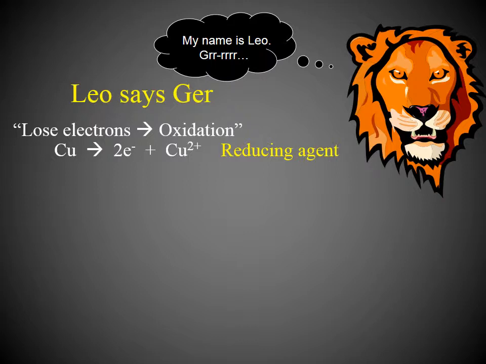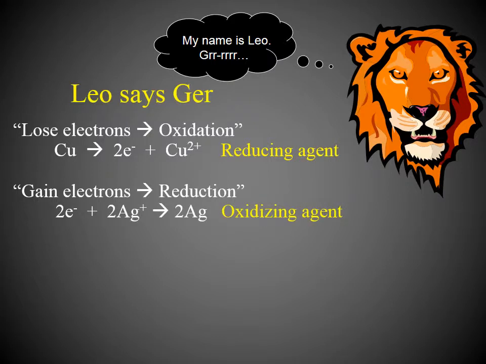Also, the species that is oxidized is known as the reducing agent because it reduces the other species. In this case, it reduces silver, which, as you can see now, Ger stands for gain electrons, reduction. Silver here does gain electrons, and therefore because it gains electrons, this is the oxidizing agent.